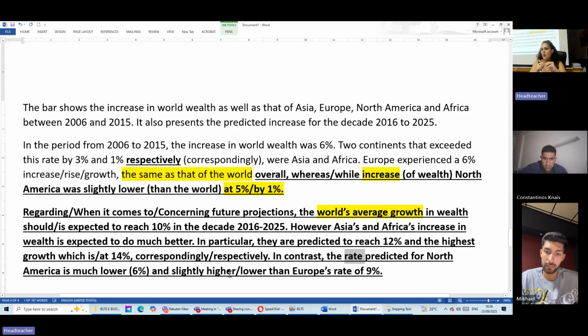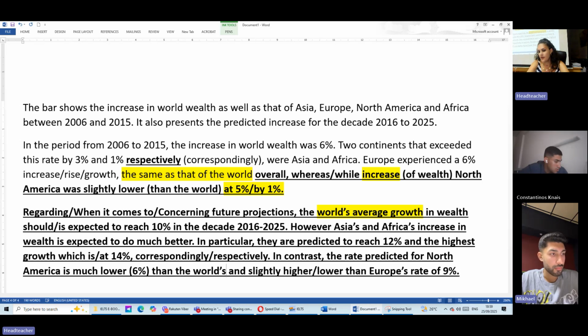So the rate predicted for North America is lower than what? Lower compared to what? Than the world's. Yes.